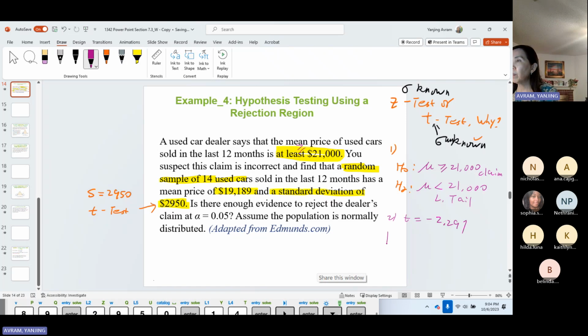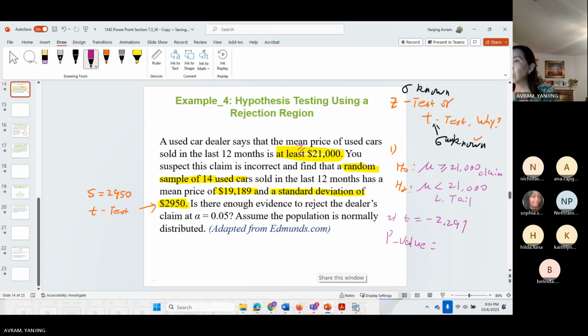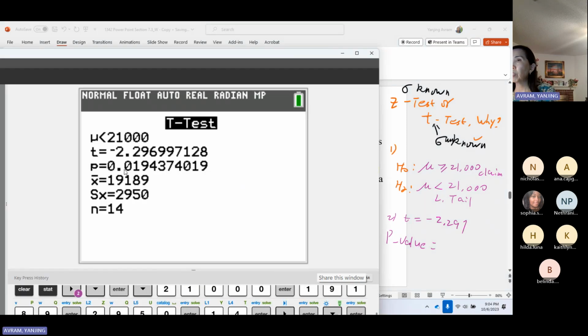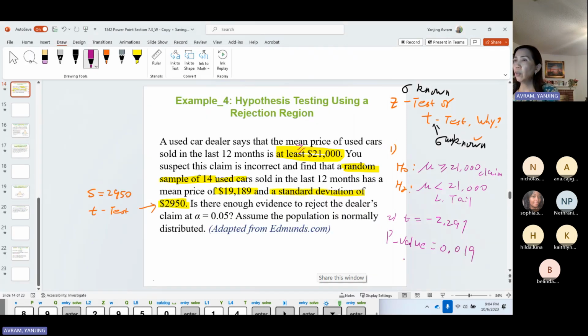My p-value, the most important one, is 0.019, if we round to 3 decimal places. We're going to compare it to alpha. My alpha here is 0.05.